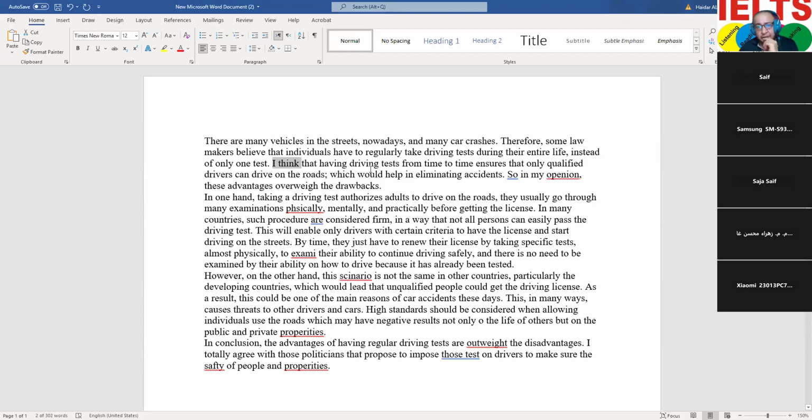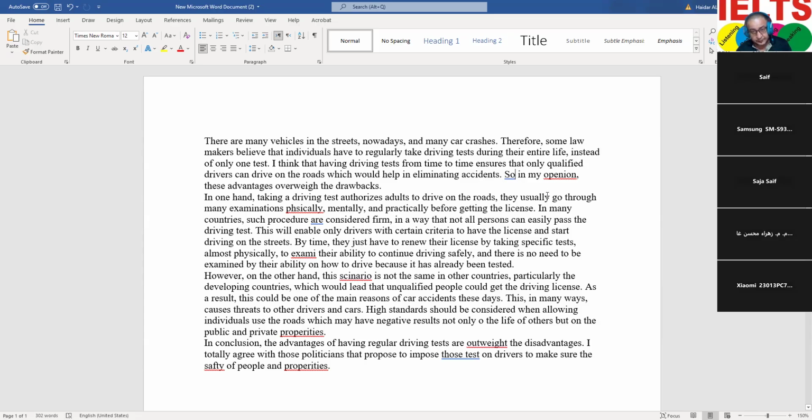Having driving tests from time to time ensures that only qualified drivers can drive on the roads, which would help. You don't need the semicolon, which would help in eliminating accidents.